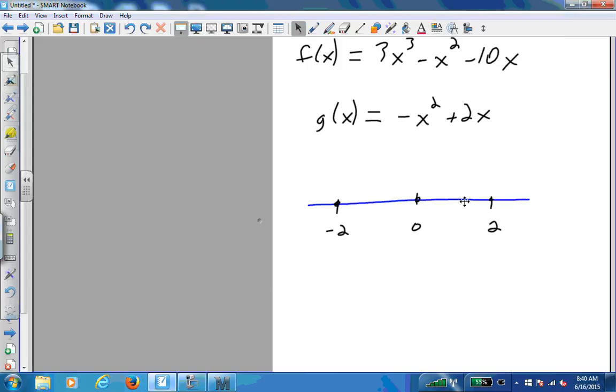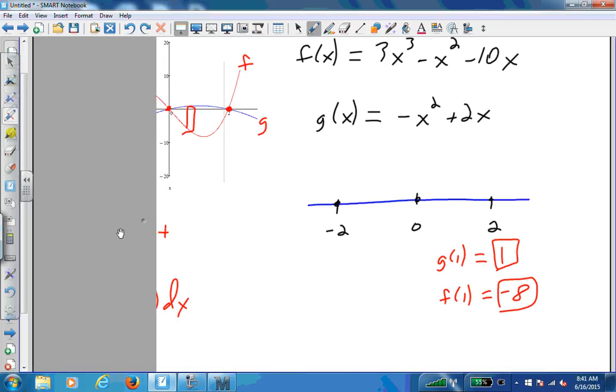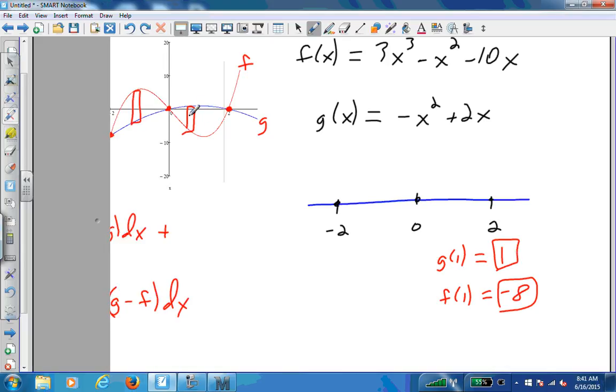If we were to pick in this section a test point of 1, g of 1 is minus 1 plus 2, so 1. f of 1 is 3 minus 1, so 2, minus 10 is negative 8. Remember, this is the y value. This one's bigger than that one, so this one's on top and this one's on bottom. If we look at our graph, during this section, g is on top, f is on bottom.